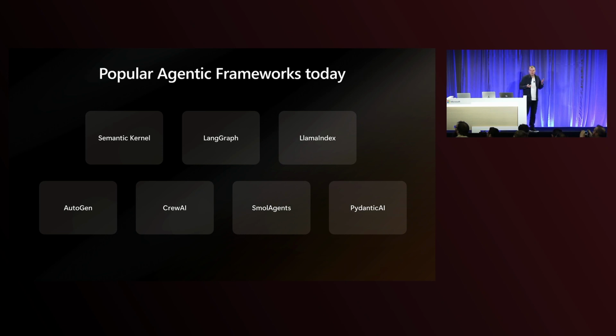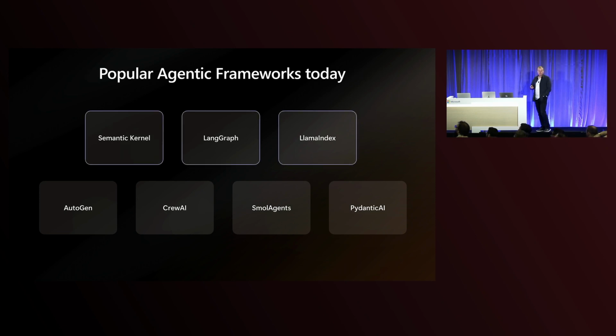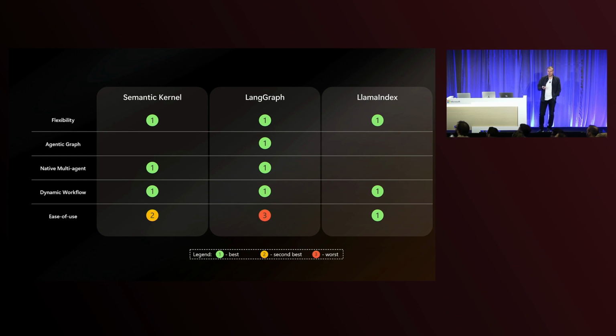There are many agentic frameworks out there. AutoGen is experimental. Crew AI and smolagents are very strong startups, but they're still gaining adoption. Pydantic AI is a great, very new framework, very promising, but has even less adoption. So what we did, we picked these top 3 frameworks as the frameworks with the highest adoption, and we compared their agentic capabilities between them.